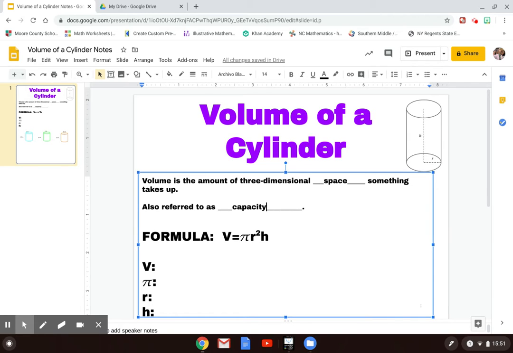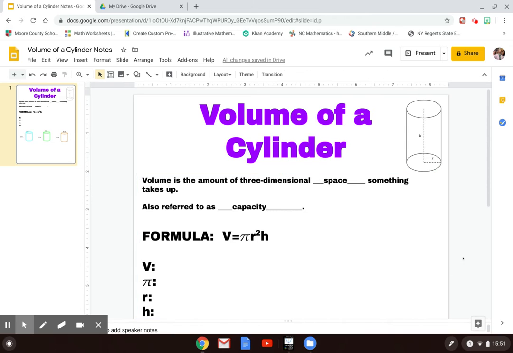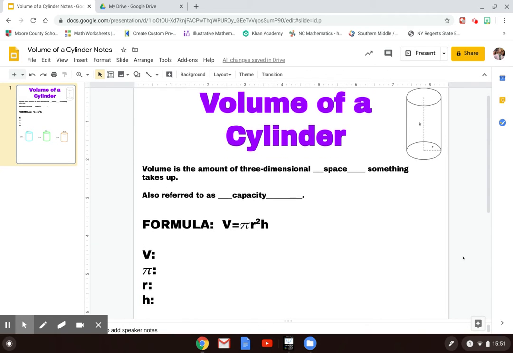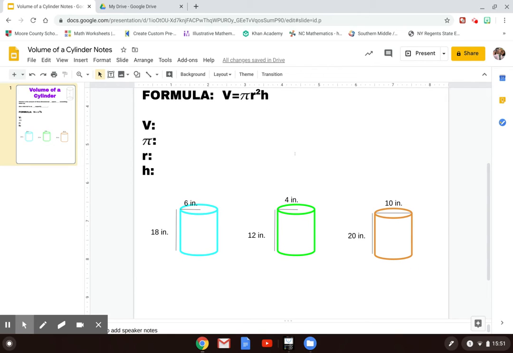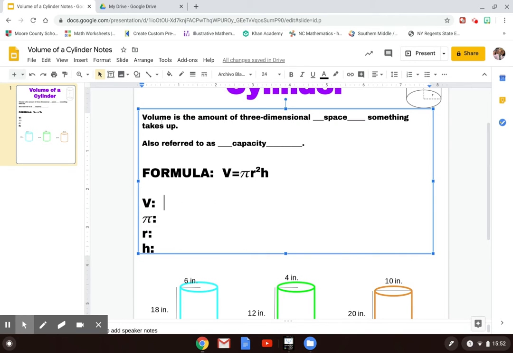Now, when we look at volume, there are going to be three formulas that we learn this week. The formula for the volume of a cylinder is V equals pi r squared times the height. V stands for volume, and we are going to round to the 10th.